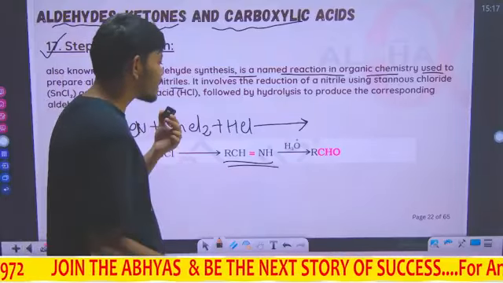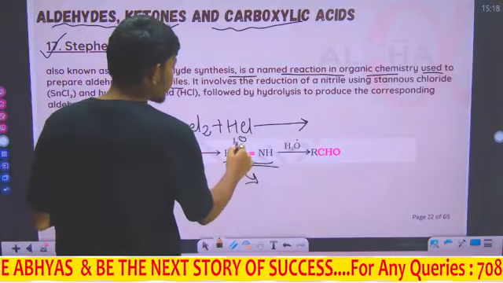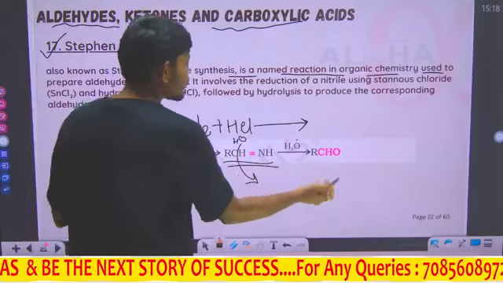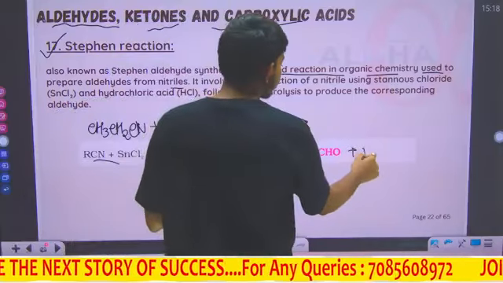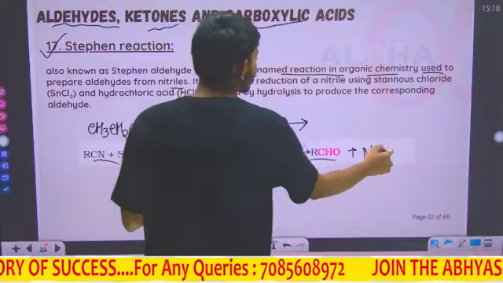I can show the mechanism, but it will take time. This will break, and OH will come here, NH3 will leave. So the RCHO group is introduced.